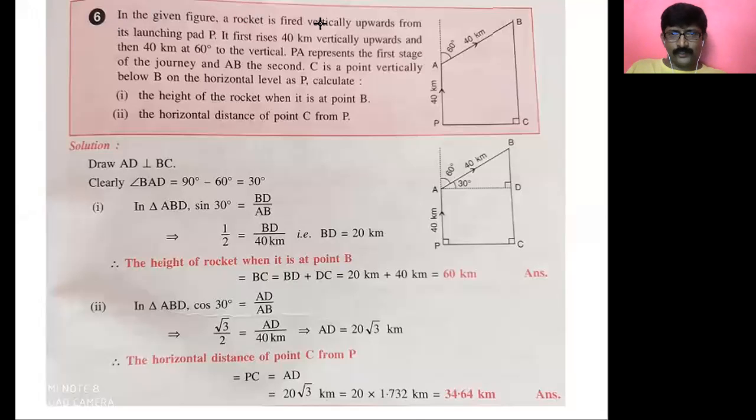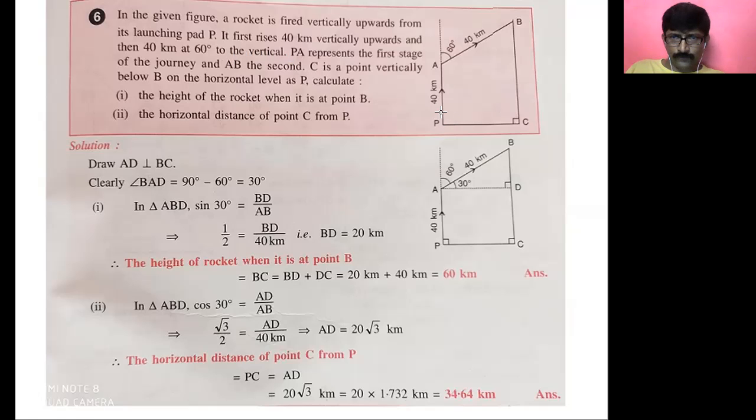In this given figure, मतलब ये particular figure में, a rocket is fired vertically upward from its launching pad P. So from here the rocket has been launched. It first rises 40 kilometer vertically upward, and then 40 kilometer at 60 degree to the vertical.